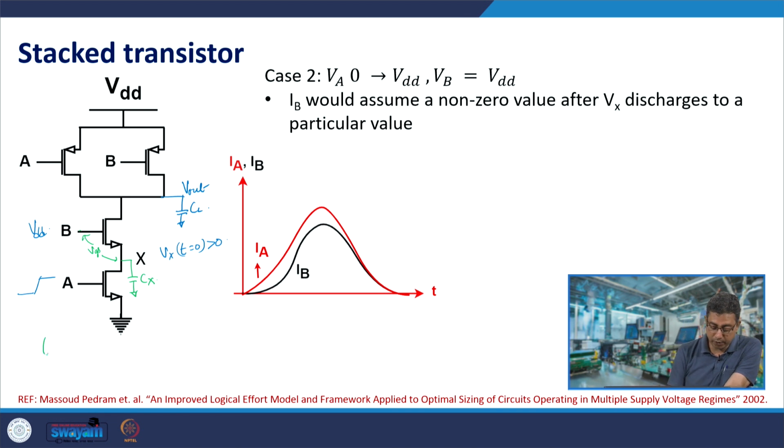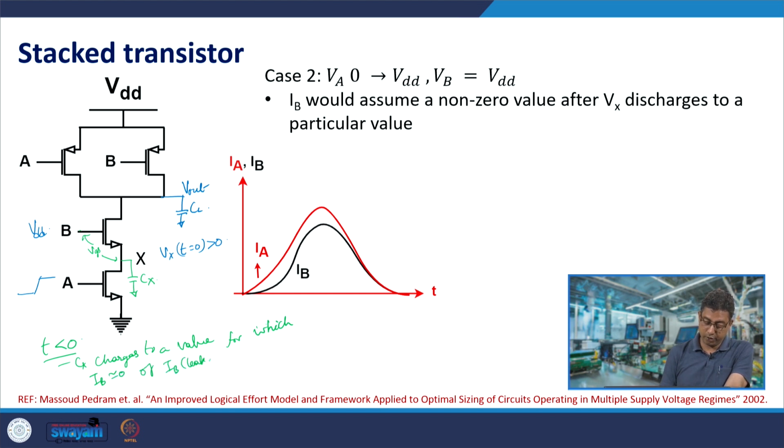So, all this is for time t smaller than 0: Cx charges to a value for which IB is nearly 0, or IB leakage is equal to IA leakage. Okay. Now, what happens at time t larger than or equal to 0.